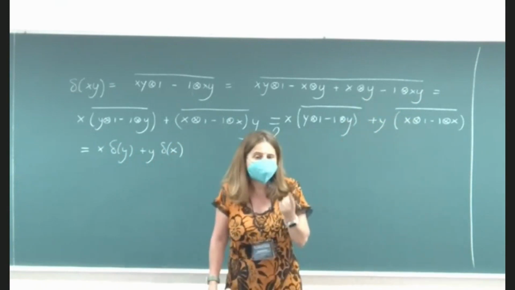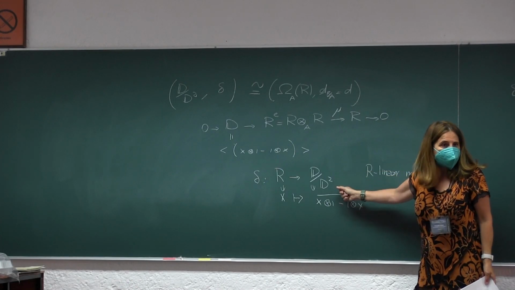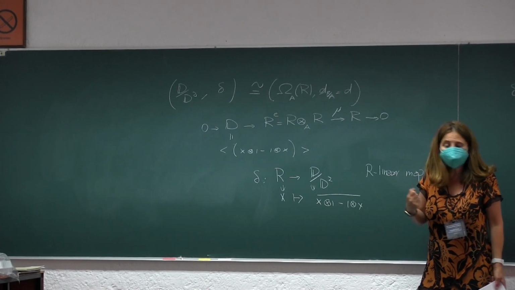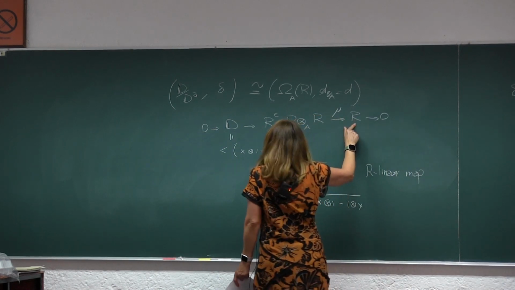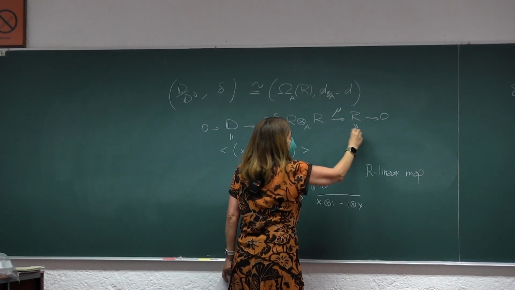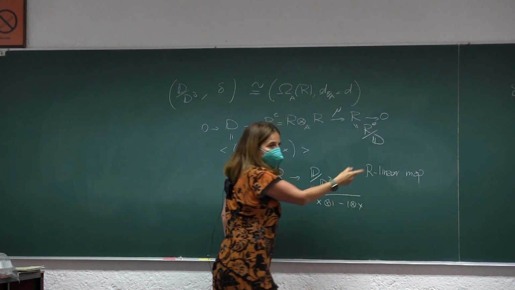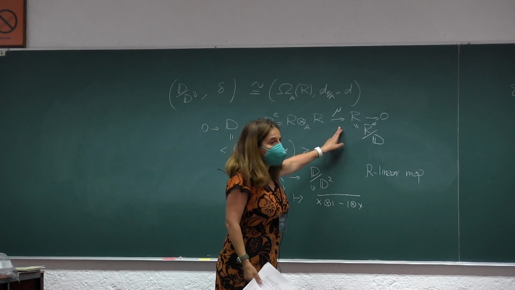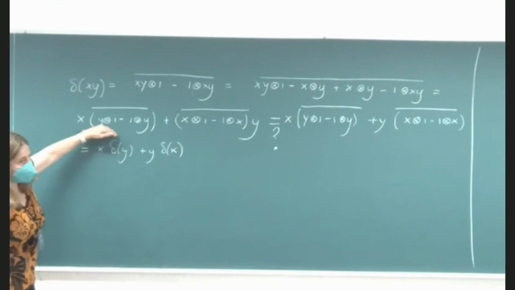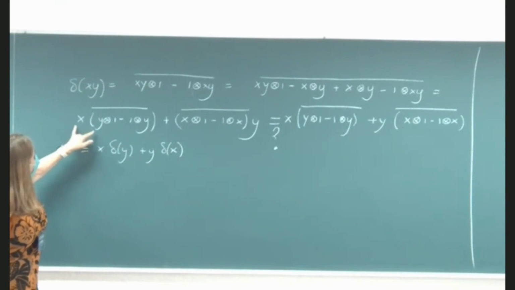And why is it the same action? Because how do you get the action here? You get it through the map mu. Because remember, R is the image of this, so R is the enveloping algebra modulo d, and that's how you get the action. So you get it through the map mu. And now imagine that you send this to mu. This becomes just xy.